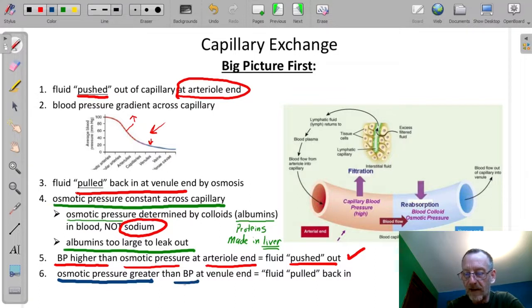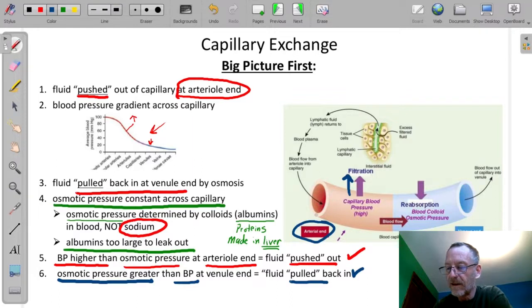So the osmotic pressure now is higher than the blood pressure, and the fluid is pulled back in. And that's what's shown on this figure at the right. The capillary blood pressure is high, and that forces the fluid out at the arterial end. At the venule end, the blood pressure has dropped. The osmotic pressure is still the same, and the fluid is then drawn back into the venule end.